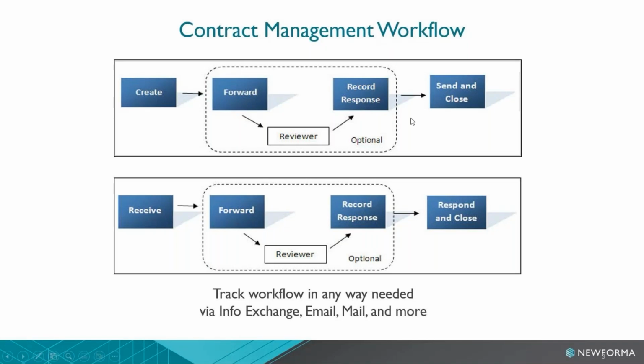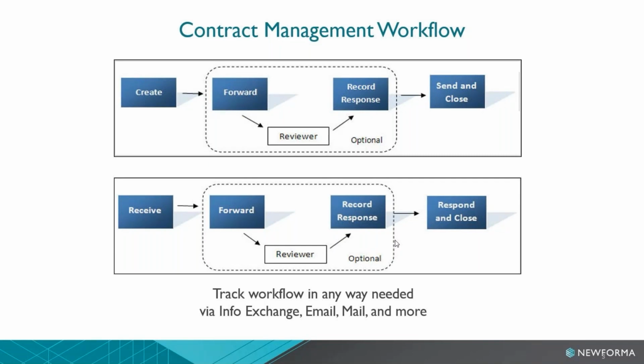Now, just because we have 4 workflow steps in either one of those workflows, whether we receive it or create it, doesn't mean that we have to follow each and every one of those workflow steps. As we see in the center here, we've got that dashed or dotted line around those 2 workflows that we talk about in the center.